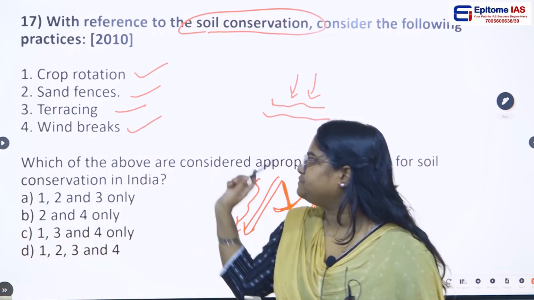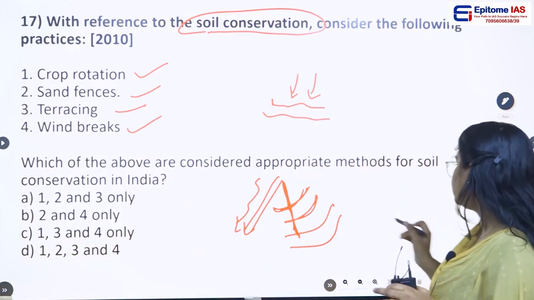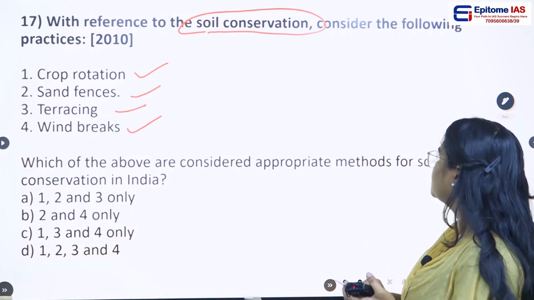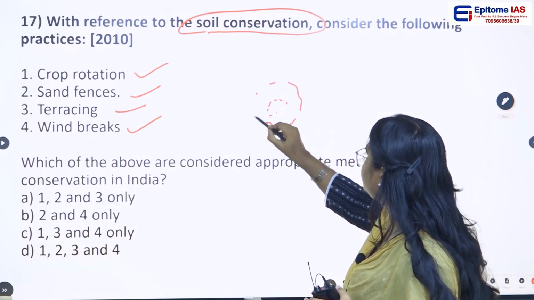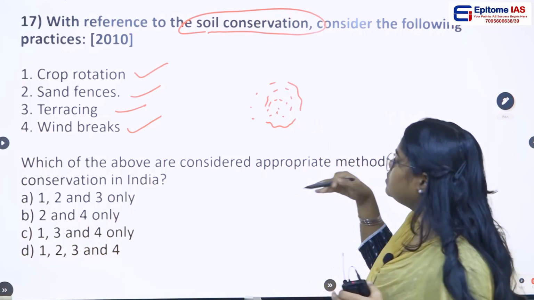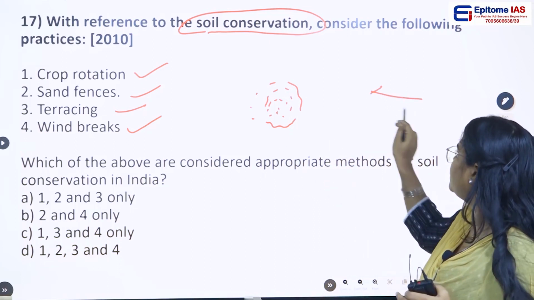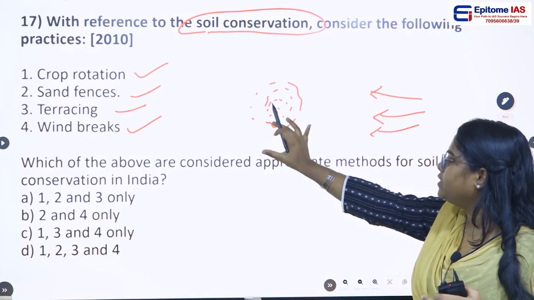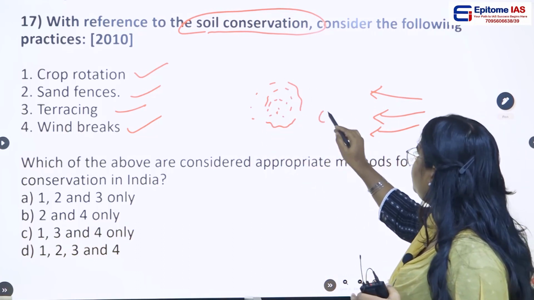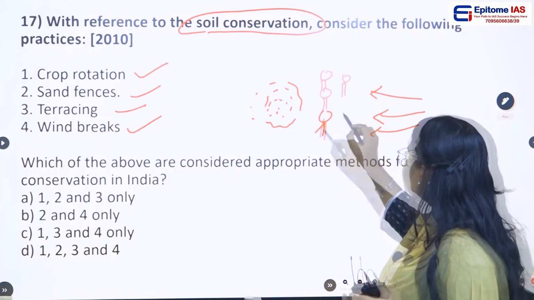Then wind breaks. Let's say there are some crops in this particular area. Now the winds are blowing very fast, and it is impacting the growth of the crop. Now what will we do? We will plant some trees here.